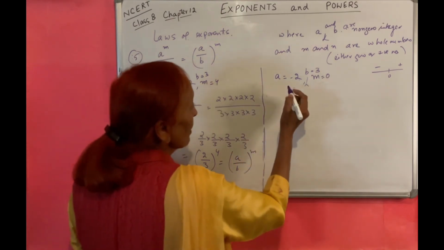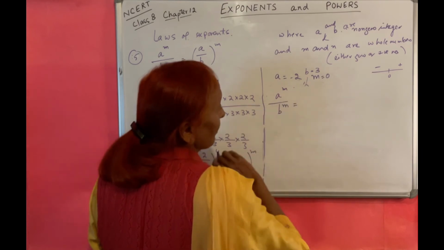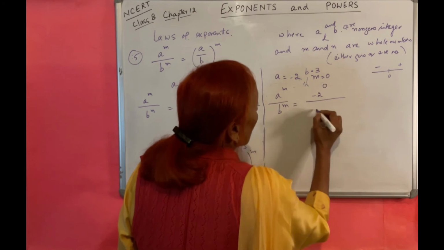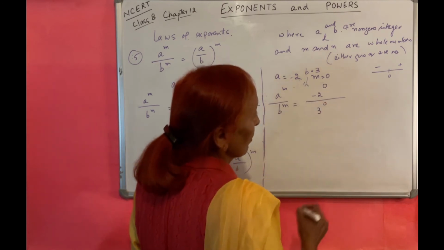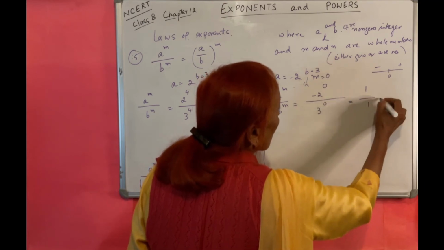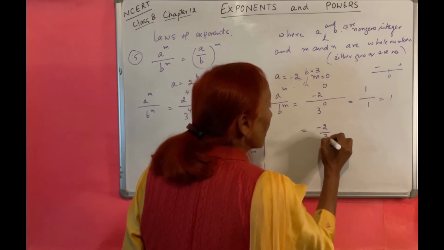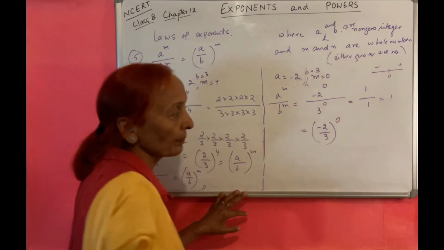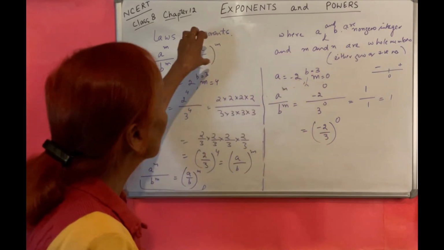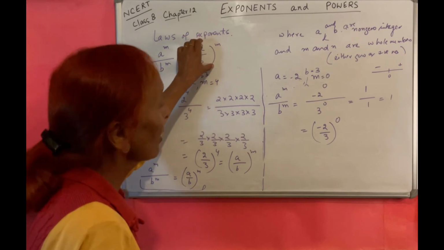Next we will do for this a raised to power m upon b raised to power m. a here is minus 2, m here is 0, b here is 3 and this is 0. Any number raised to power 0 is 1, so this is 1. 1 I can write like this. Why have I written like this? Because starting with this I want to reach this, which is the right hand side.